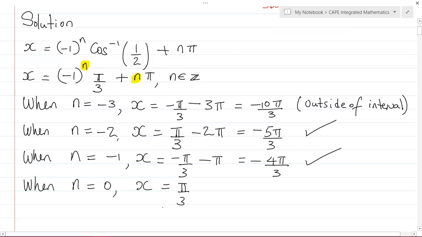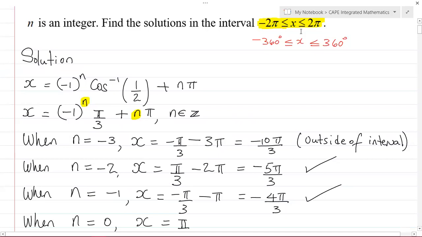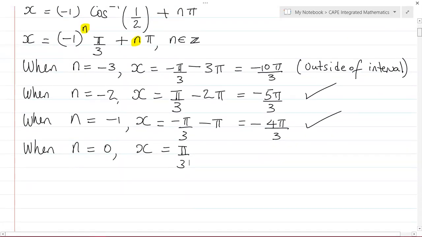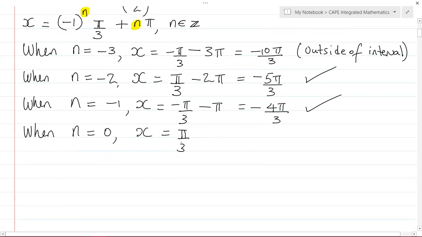So x is equal to pi over 3. That is also within our interval, because if you convert that to degrees, you'll get 60 degrees. And 60 degrees is within our interval, so it means that this is also going to be a solution.